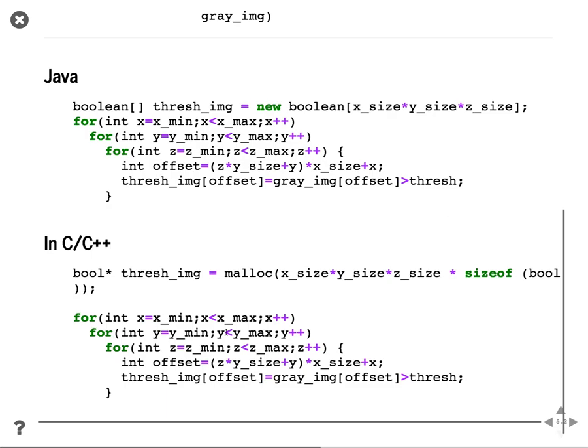But you can see that there's sort of a wide range of possible implementations, and that when you're doing things in languages like Java or C++, you have to constantly be aware of this offset value and how you're addressing a value in a three-dimensional or two-dimensional or four-dimensional array in a linear fashion.